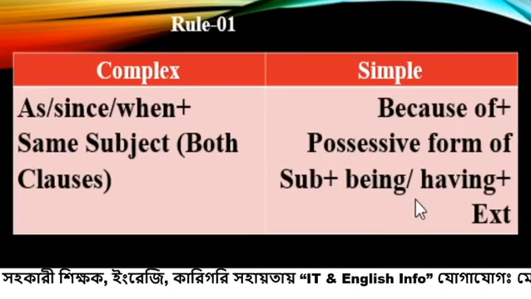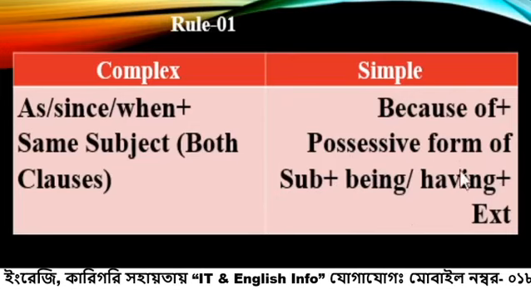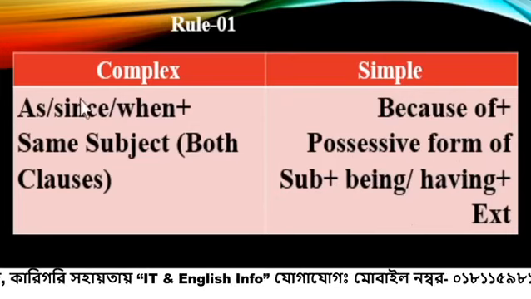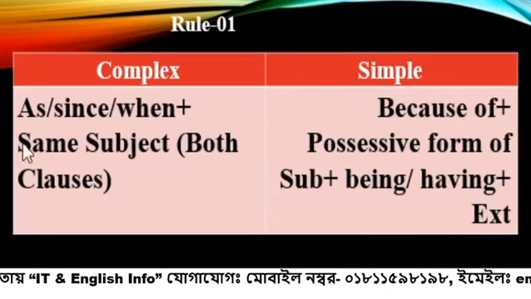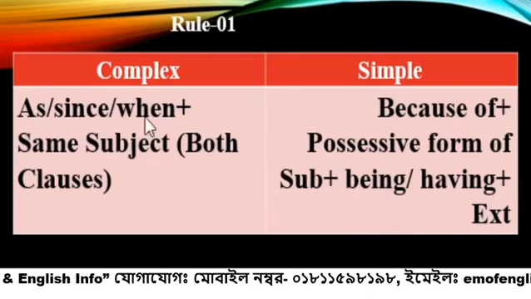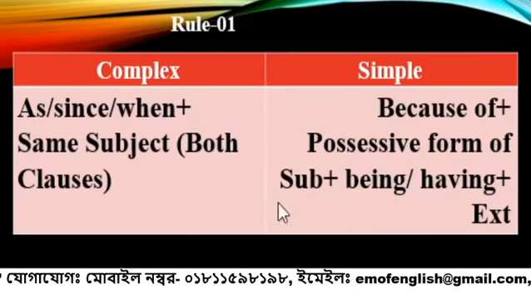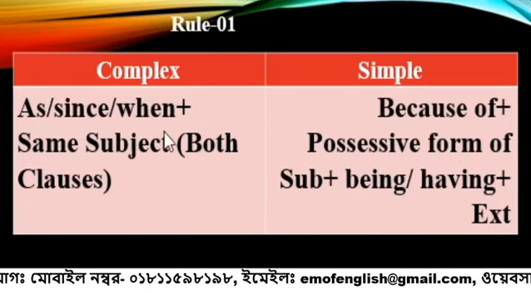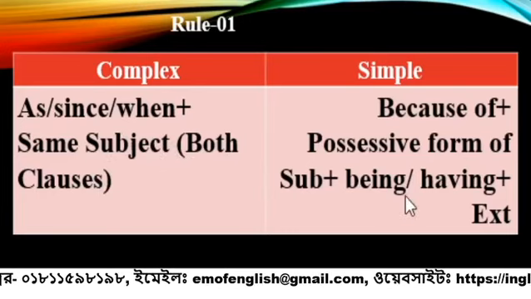Being or having: where should we use being and where should we use having? If a be verb is used in the simple sentence, then we have to use being, and if you use a have verb, then we have to use having.